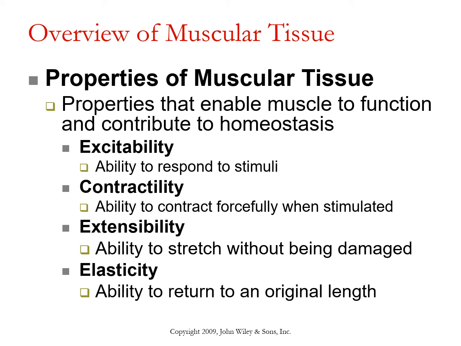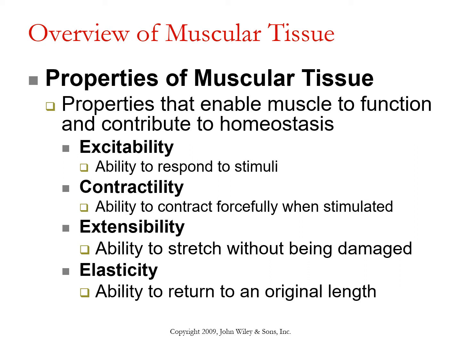Thirdly, we have extensibility. This is the ability of the tissue to stretch within certain limits without being damaged. The connective tissues within the muscle limit the range of extensibility. We saw that with the collagen fibers. Normally, smooth muscle has the greatest ability for extensibility. Think of what happens when you eat a large meal and the wall of your stomach, which is mainly muscle tissue, is stretched or distended.